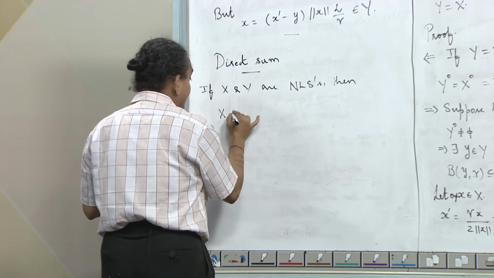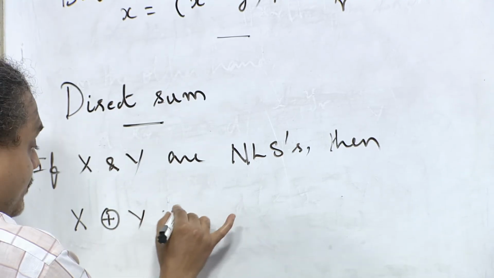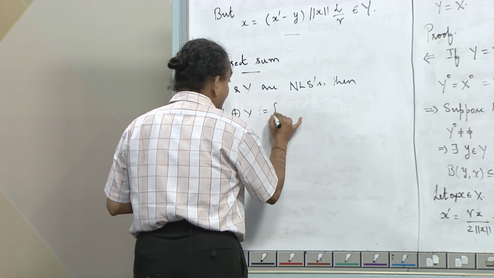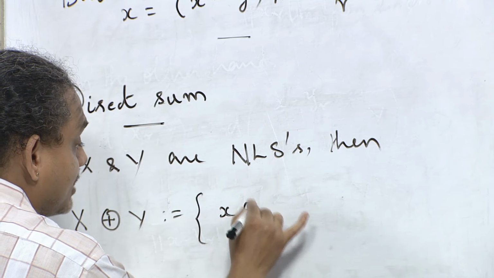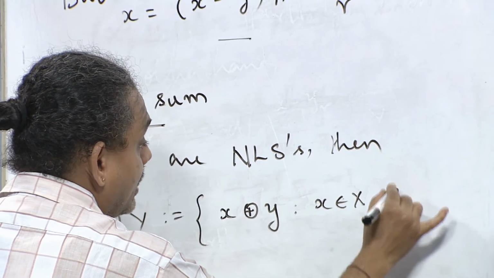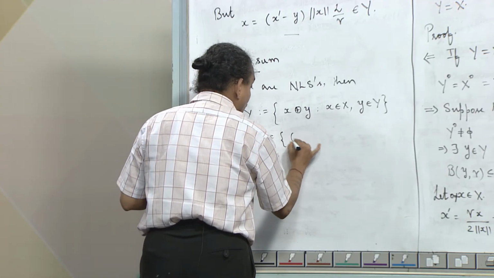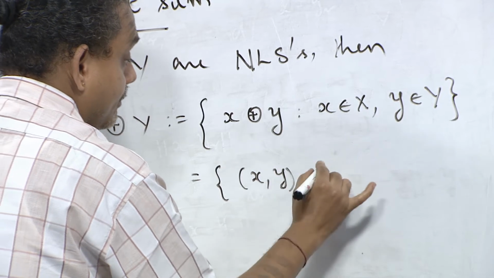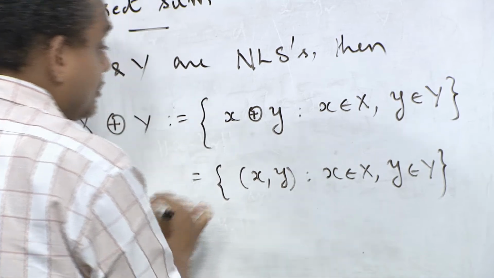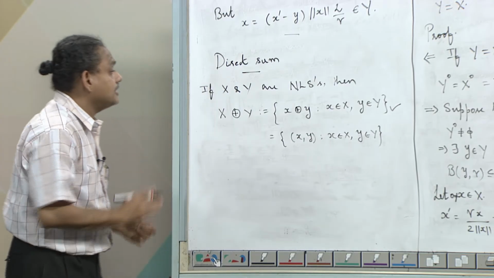Well, we know what this direct sum means. By definition, we must have learned this from linear algebra, this will have all elements of the form x direct sum y, such that x is in x and y comes from y. Some people even write it as an ordered pair x comma y, but in functional analysis this is going to be the standard notation. So, we will be using only this, x direct sum y.